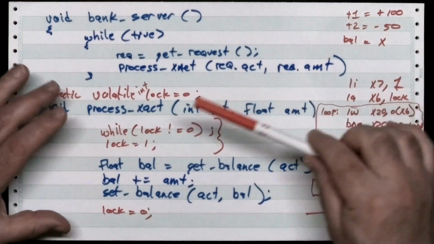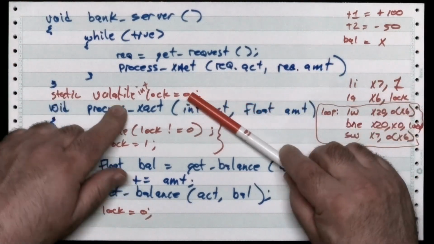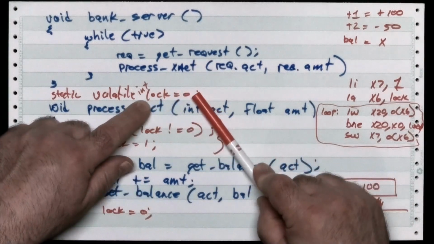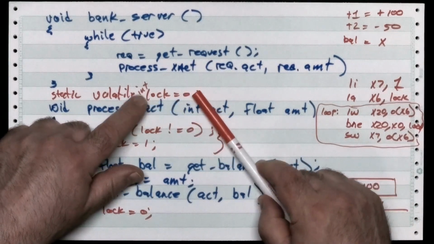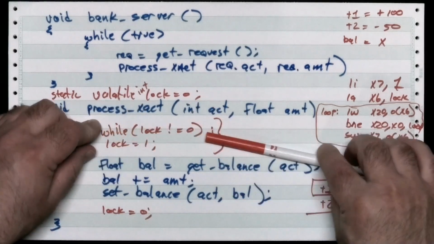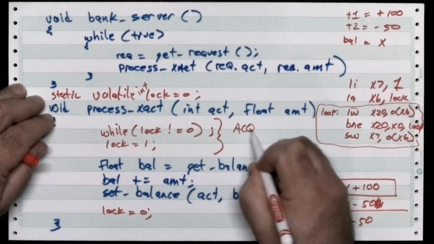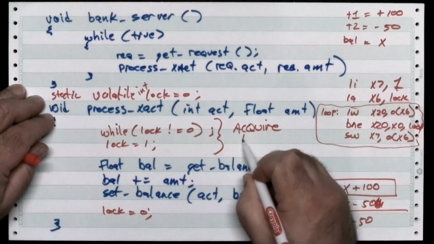So let's distill this down to just the basics of our concern. We have a variable of some kind that represents the lock, and it's stored in memory somewhere. We have some code here that we use to acquire the lock.